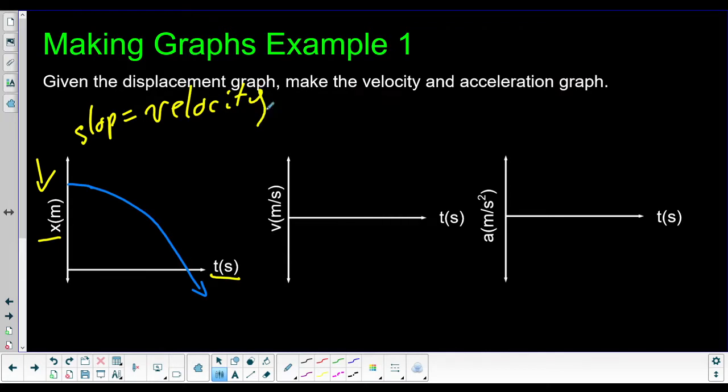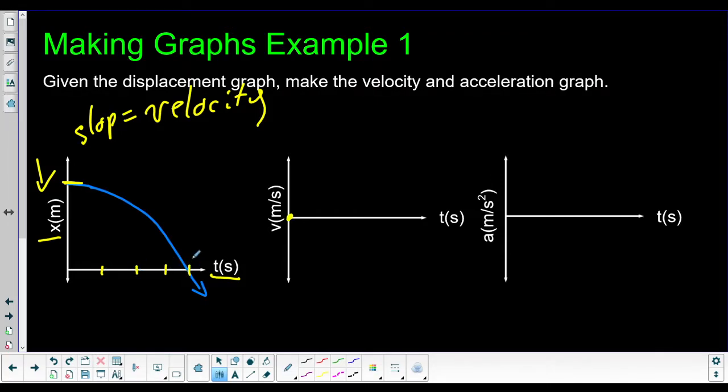So what we're going to do is look at little tiny tangent lines and try and just guess what the slope is, right? So if I look right here at the y-intercept, or the initial position, this looks pretty flat, right? So the slope here is pretty darn close to 0. Then if I go over a little ways, let's put some markers, right?